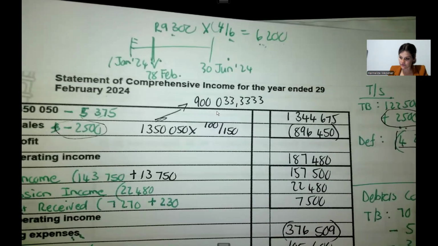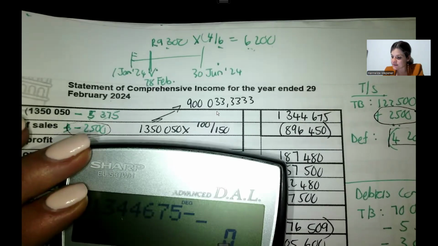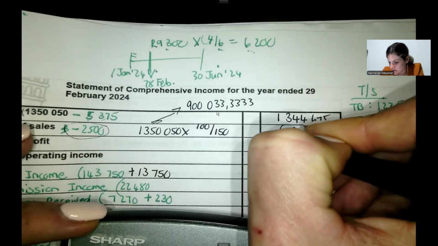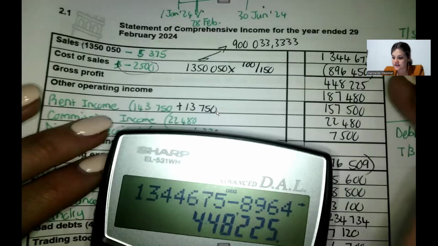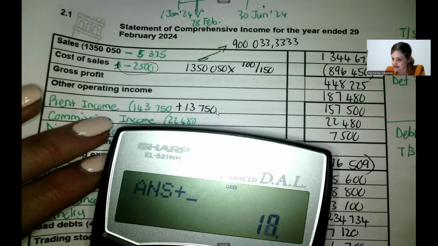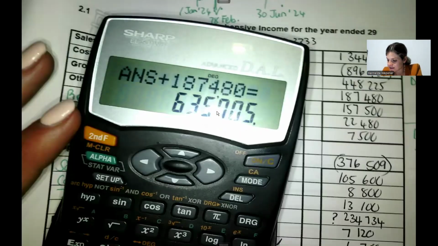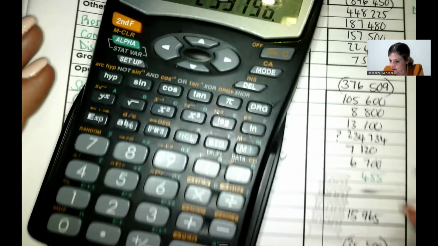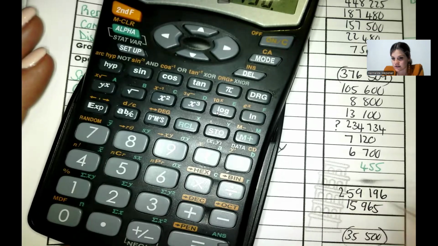Minus 1,344,675. Let me just show you what I'm doing. I'm taking my sales minus my cost of sales to find my gross profit. So gross profit plus other operating income minus my operating expenses is equal to my profit before interest, so my operating profit.